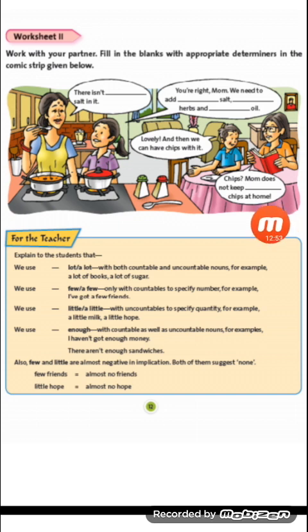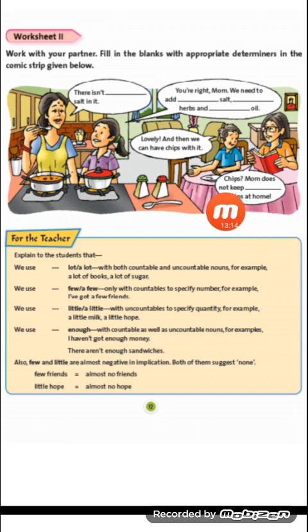Now see students, here does not, and in my previous videos I have told you that we use some first when we have a positive indication, okay, when the statement will be positive. For positive statements we use some, and for negative statements we use any.